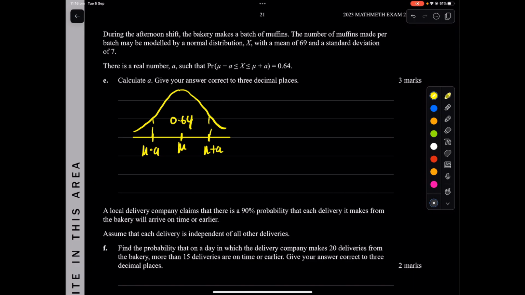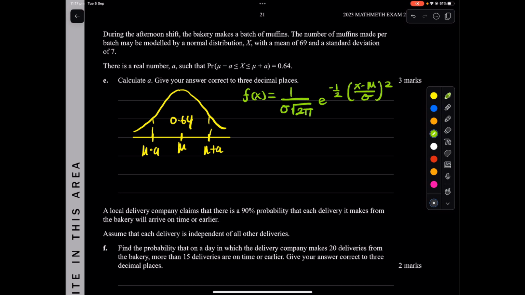There's a formula that you guys should know, and you should put it in your formula sheet. It is the normal distribution formula, which I'm going to write. Put this in your formula sheet, guys, it's so important. f(x) is 1 over your standard deviation times the square root of 2 pi, times e to the negative half, x minus your mean over your standard deviation, all squared. This is a key formula because it lets us solve for a quicker.